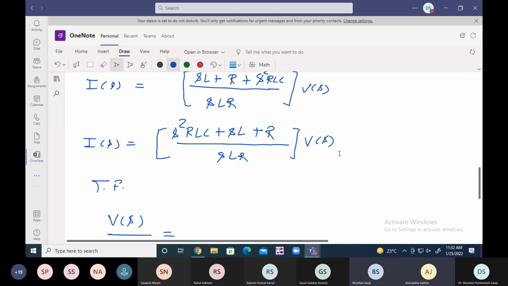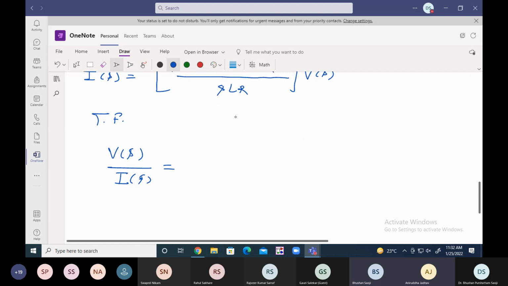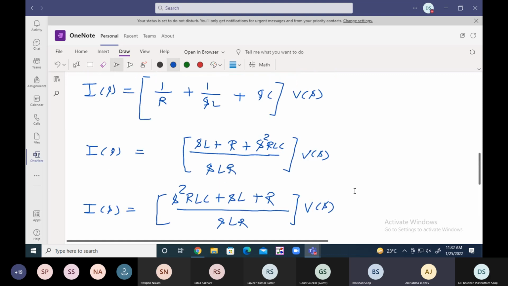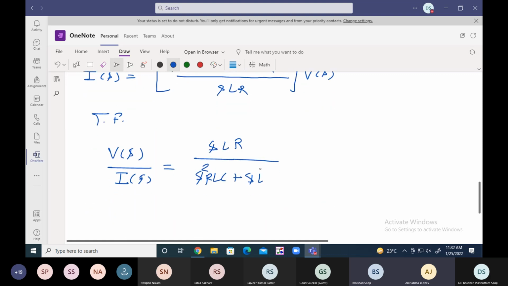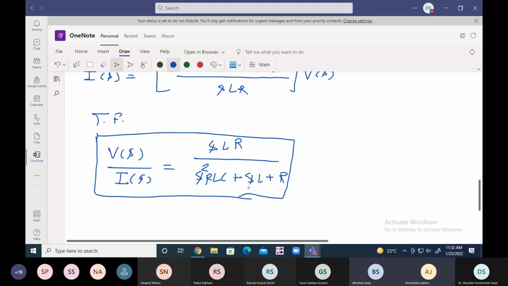It is equal to s into L R divided by s square R L C plus s into L plus R. This is our transfer function.